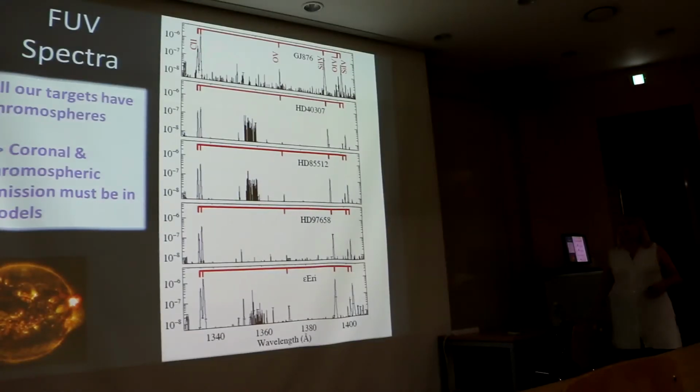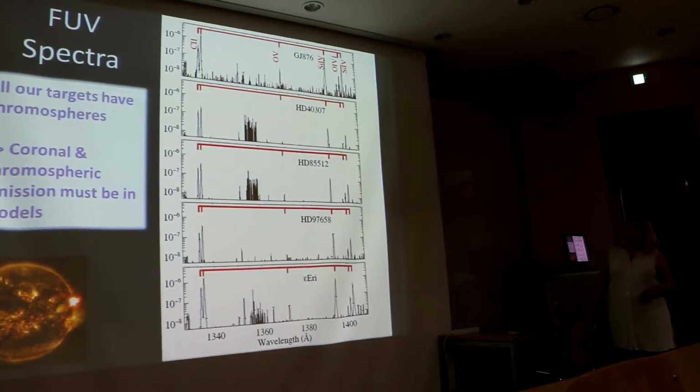What we found immediately, this is our actual data. You can see in the ultraviolet, you get emission lines from this outer chromosphere. So you get carbon and oxygen and silicon, and they're all ionized. These are what the lines look like, and we saw these emission lines in all of our targets.